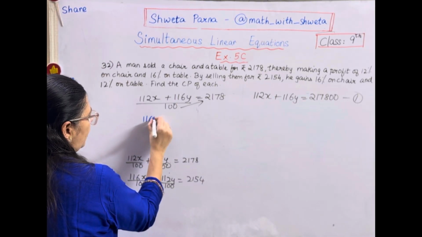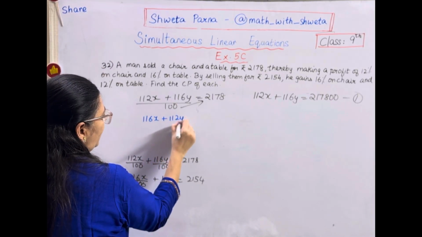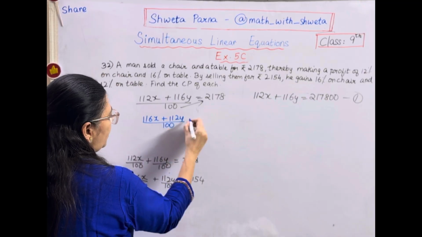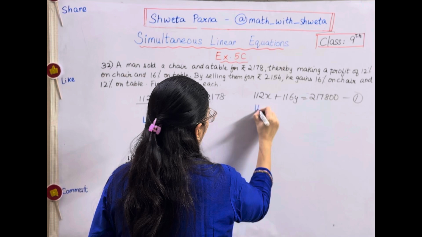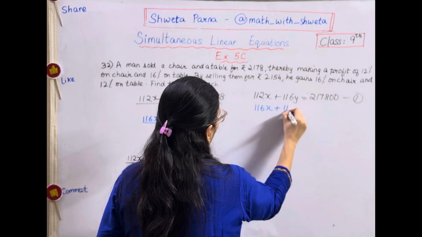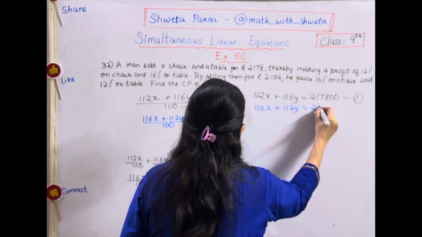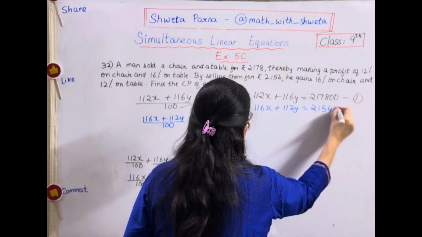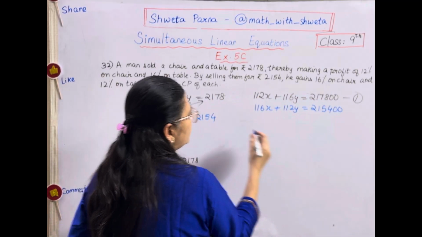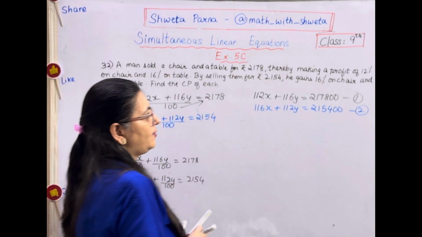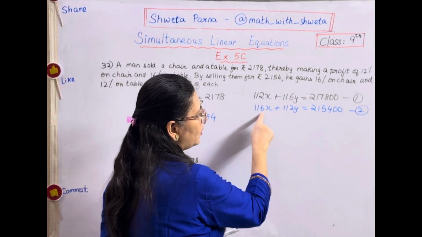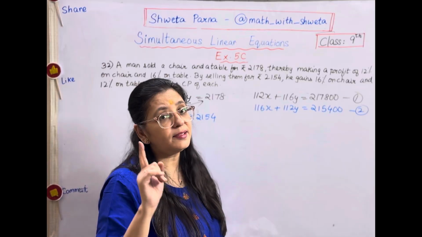Same way you will do here also. 116x plus 112y, the whole upon 100 is equal to 2154. So the other equation is 116x plus 112y is equal to 215400. Second equation. Now how to solve it? See, there is swapping of the numbers. So you will use adding and subtracting.